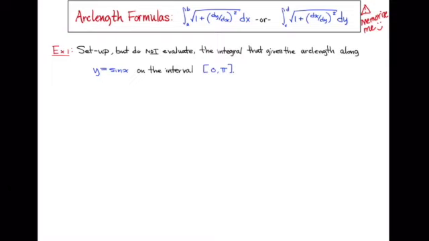Okay. So example 1, it is a setup only problem. We want to set up the integral that will give us the arc length of y equals sine x on the interval from 0 to pi. So y is equal to sine x. That means our dy/dx is cosine x.